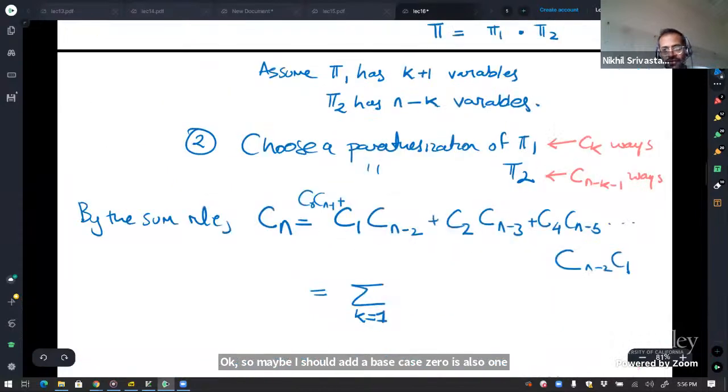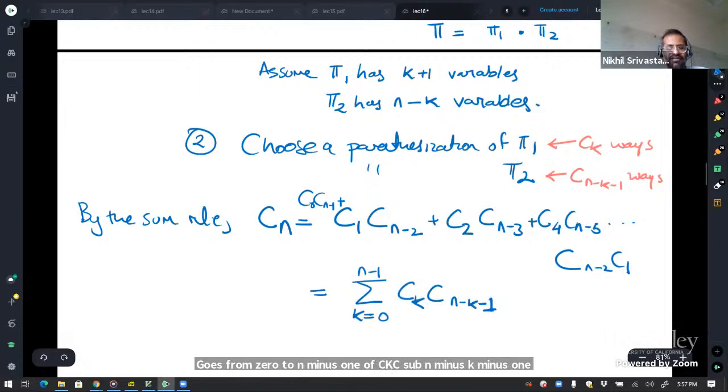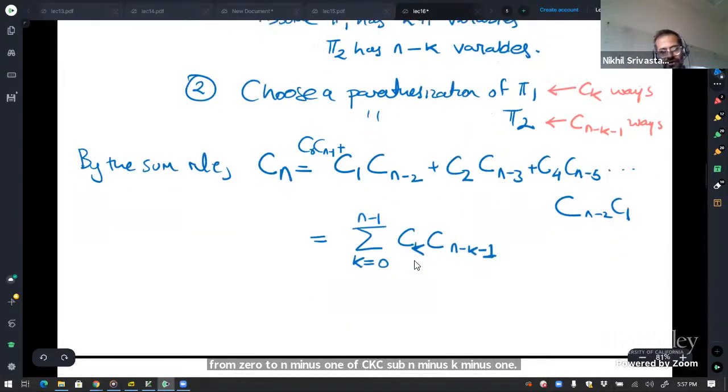And if you write this out, you get this recursive definition: the sum as k goes from 0 to n minus 1 of Ck times C sub n minus k minus 1. And the key is that all the terms on the right are Ck's for k strictly less than n. So this is a valid recursive definition. This is a very important sequence. It's called the Catalan numbers.